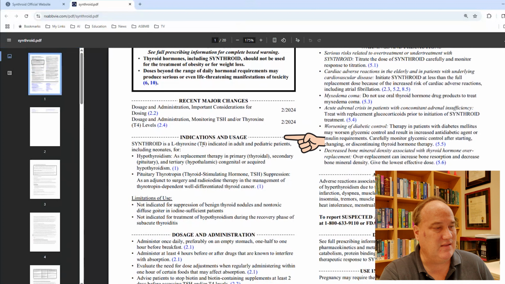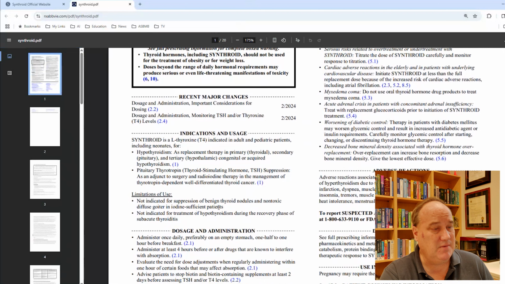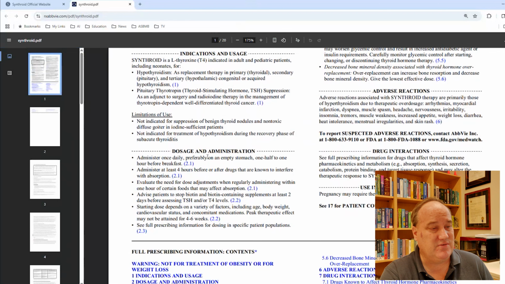So in summary, the indication and usage is for hypothyroidism, and it's a replacement therapy in primary thyroidal, secondary pituitary, and tertiary hypothalamic congenital or acquired hypothyroidism. And for pituitary thyrotropin, it's also indicated for TSH suppression as well. And there are a few limitations of use.